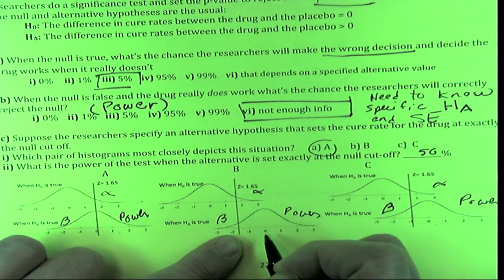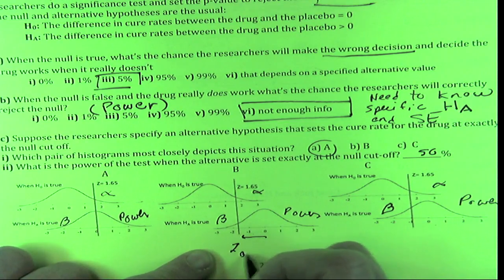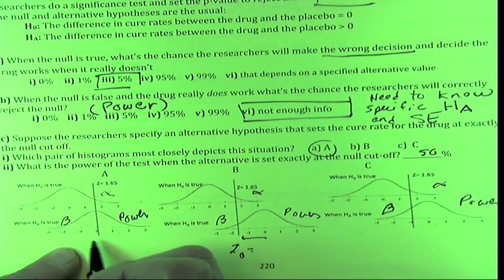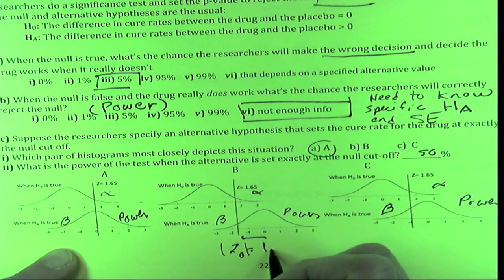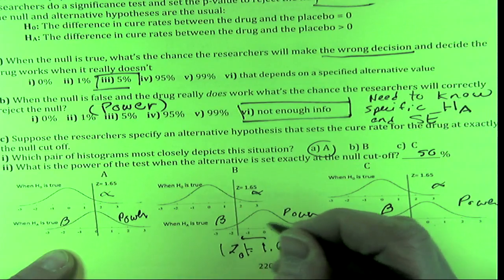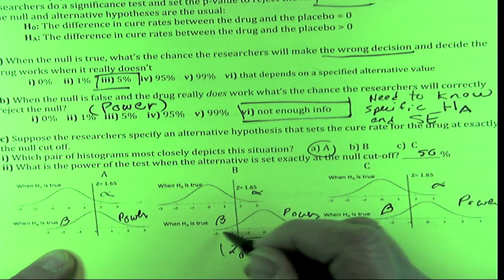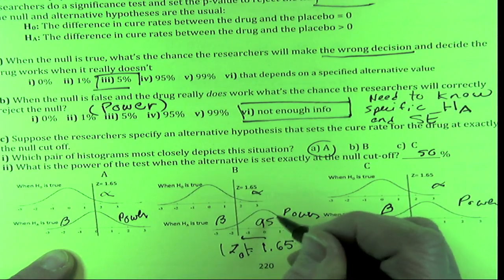this distance right here, this z beta, is equal to 0 here. Here, the z beta is equal to what? That looks like negative 1.65, so the absolute value of it is 1.65. So that would give you what? 5% in this tail for z beta, and this would be 95%.